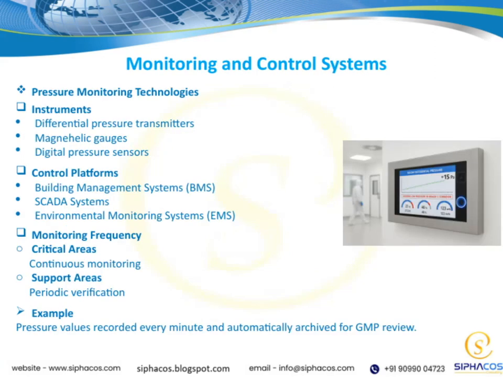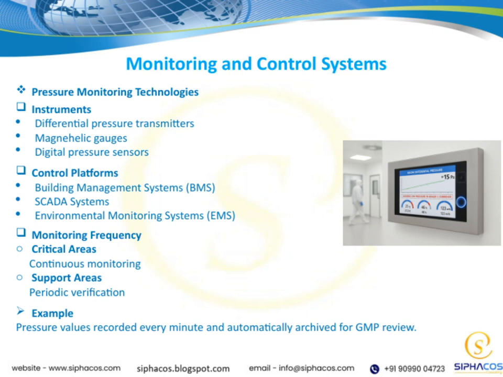Let's talk about monitoring and control systems, focusing on pressure monitoring technologies. We use instruments like differential pressure transmitters, magnehelic gauges, and digital pressure sensors to keep a close eye on conditions. These feed data into control platforms, things like building management systems, SCADA, and environmental monitoring systems.